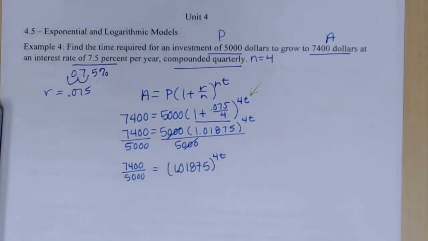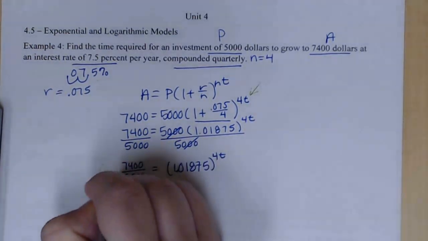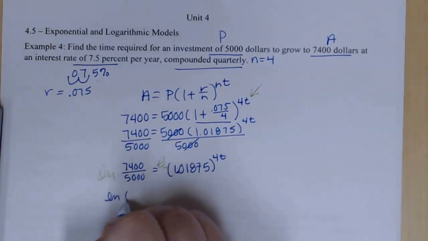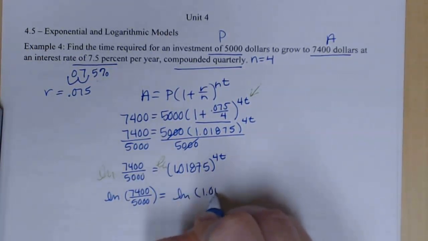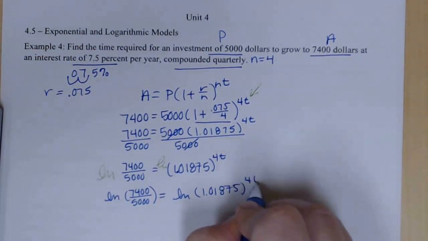Now in this one I don't have an e, and so I can't use that property, but I know if I had it as a log, I'd have a way that I can move this power out front. So I am going to ln both sides, because if I turn this into a logarithm, by that power property, I can move an exponent out front, and then I'll be better able to solve for that exponent.